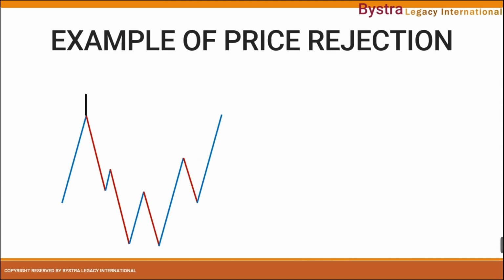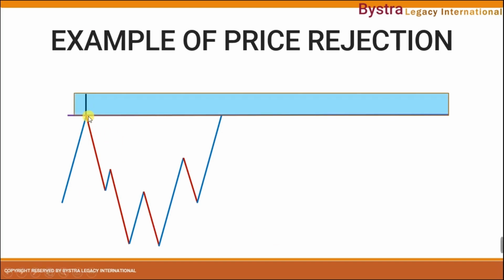So let's look at an example of a price rejection. Here, as we can see, this is the price of the weekly time frame. What we should do is mark this horizontal line from the edge of the resistance, and then this is the shadow. Then we mark the zone from the edge of the resistance to the shadow all the way up. So this will be our danger zone area.